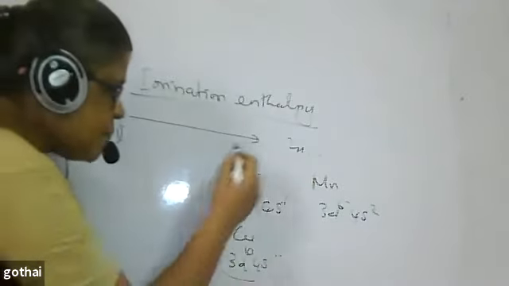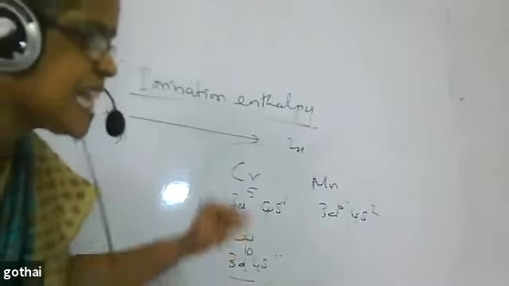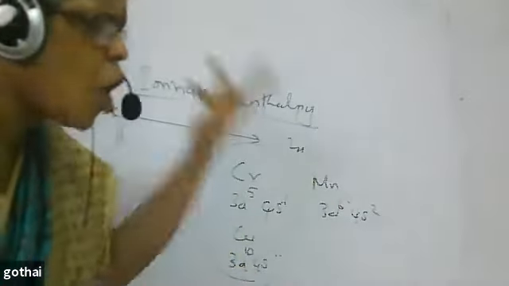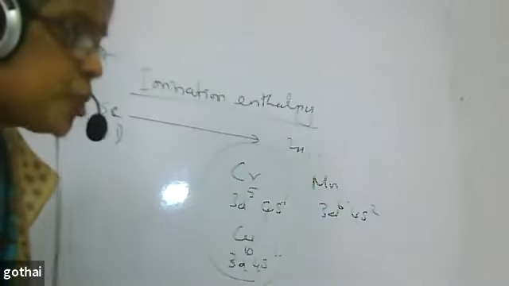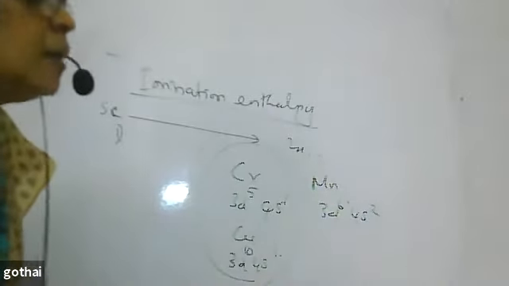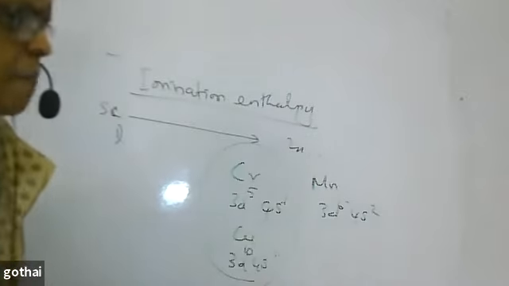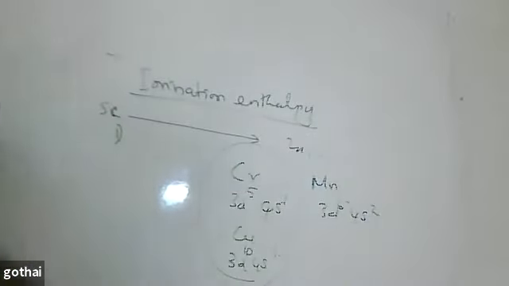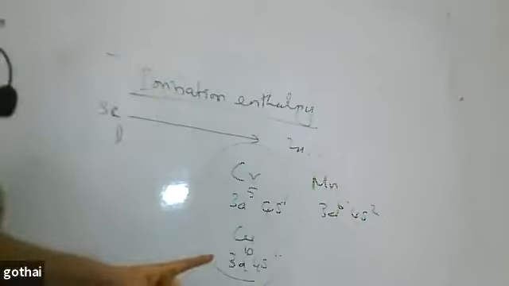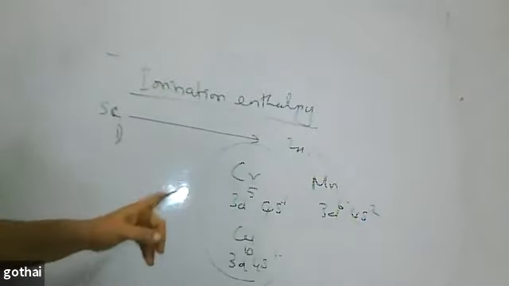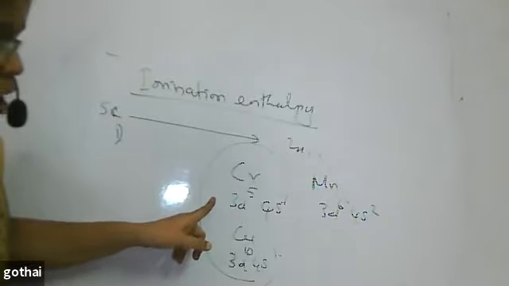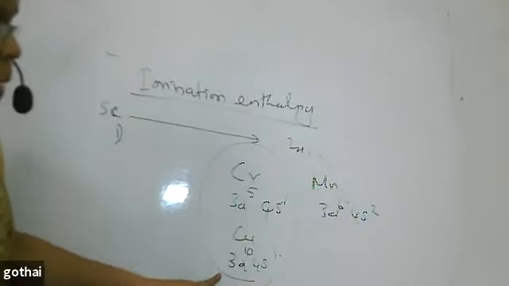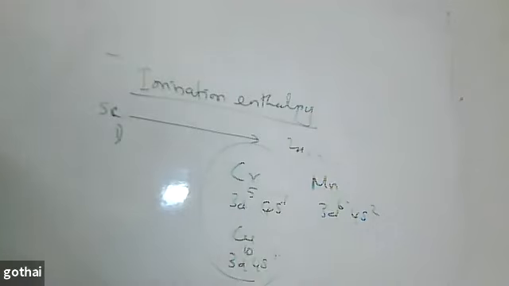Because of the extra stability, there is a change in the electronic configuration, so automatically you cannot expect that the ionization enthalpy should be regular. The ionization enthalpy will be irregular only. The irregularity in the ionization enthalpy is due to attaining the extra stability because of half-filled or completely filled stable configurations like 3d5 4s1, 3d10 4s1.